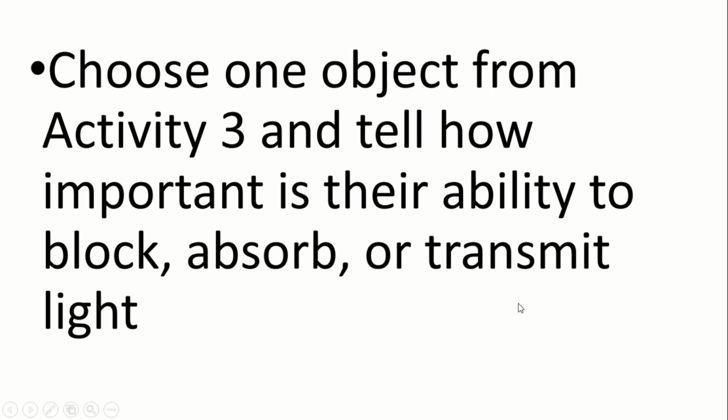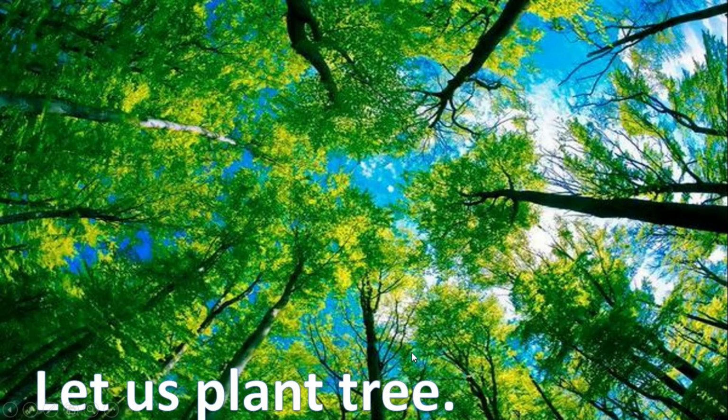And there are many answers. There are still many answers on how the ability of an object to block, absorb, or transmit light is important in our daily lives. Okay, so remember, the trees also block light, so let us plant trees.